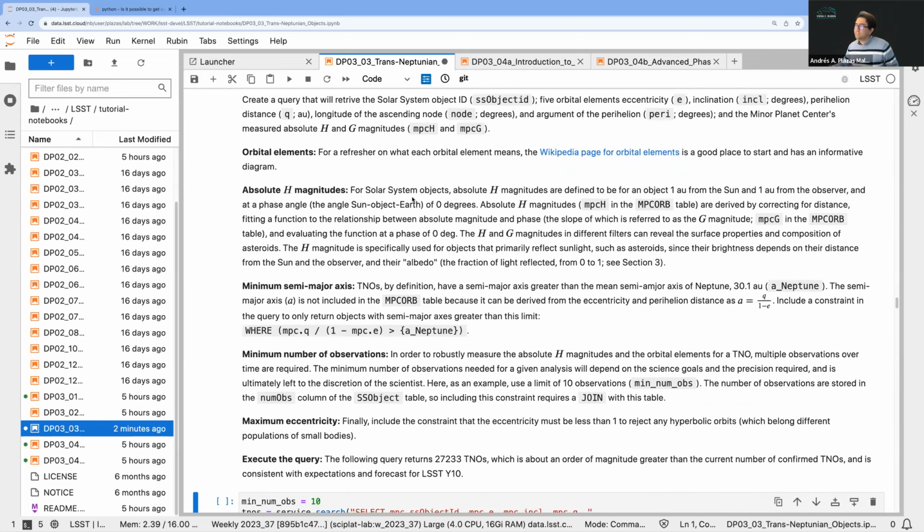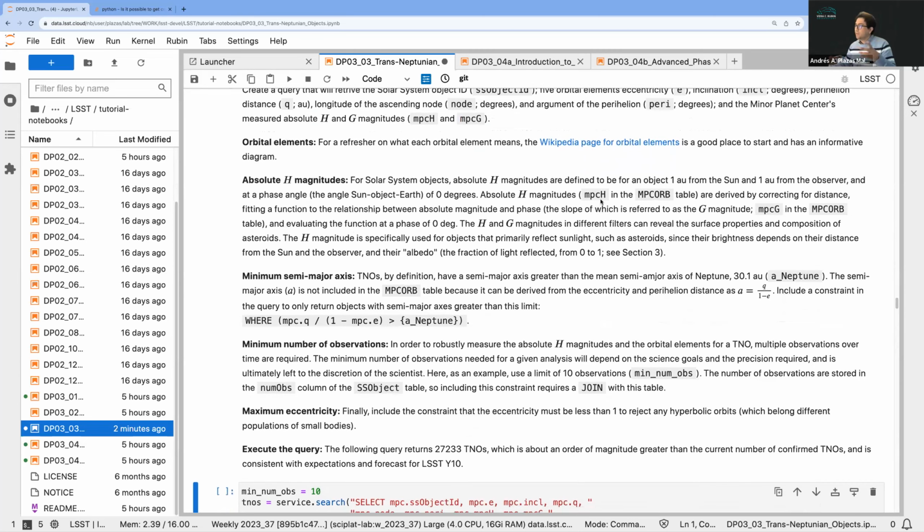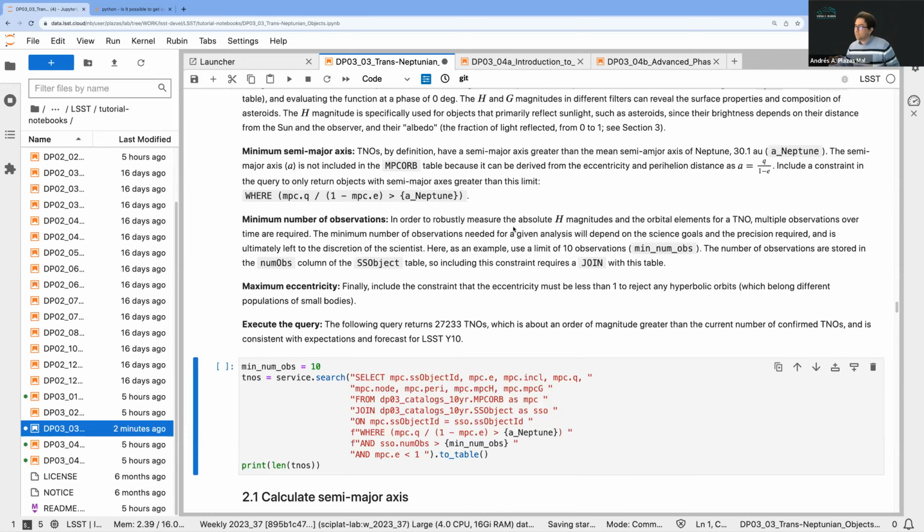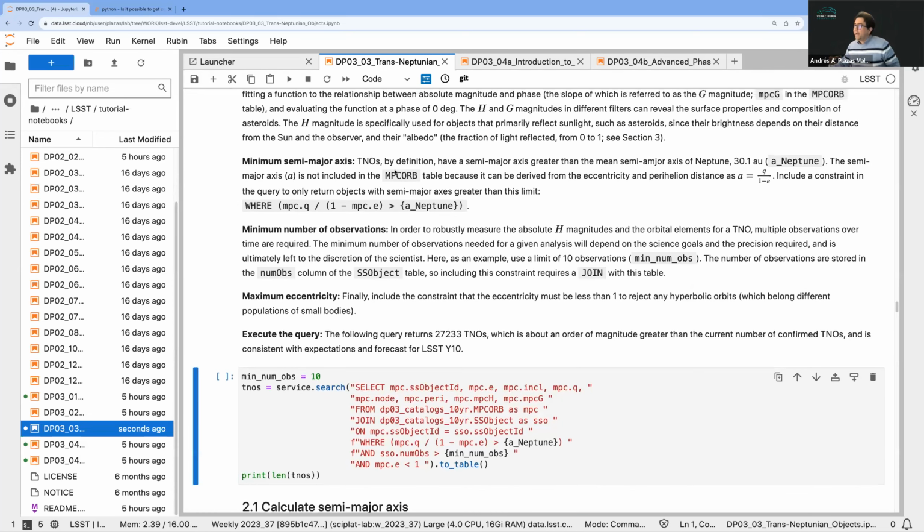I think this is just explaining a bit more of what I just said, the type of parameters that I'm retrieving: the absolute magnitude H and the slope parameter G related to that. This is the constraint on the semi-major axis.